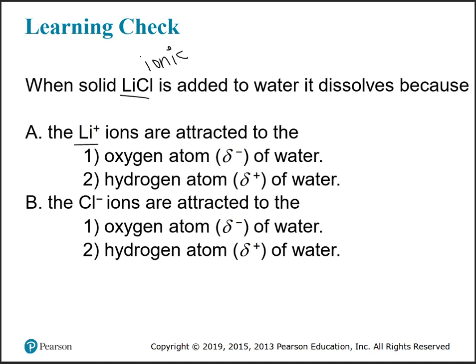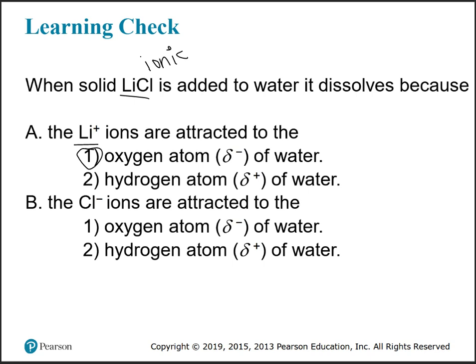Opposites attract. So the positive lithium ion is going to be attracted to negative or positive charge. You can write that in the chat. Negative or positive charge. Right. It's going to be attracted to the negative charge. So that means for A, the lithium ions are attracted to the oxygen atom of the water.